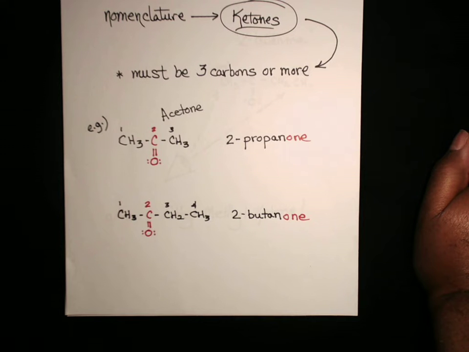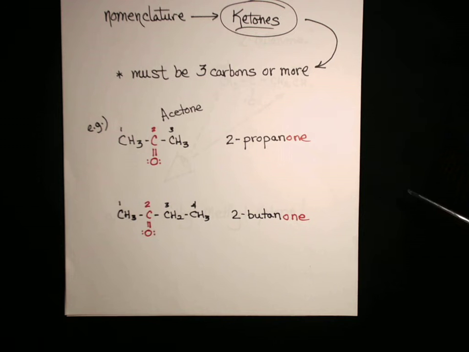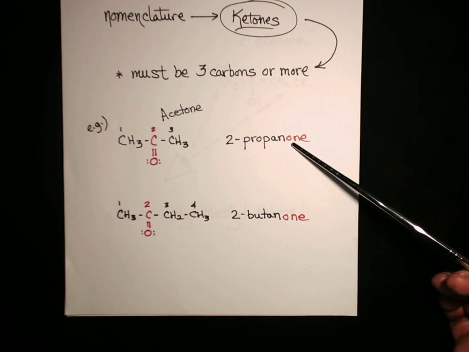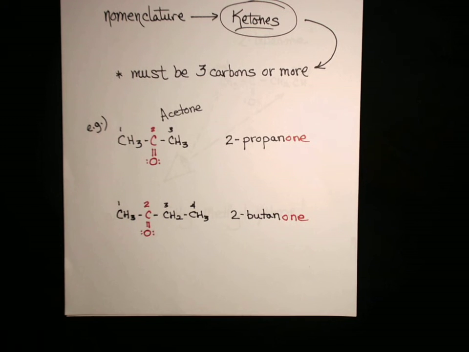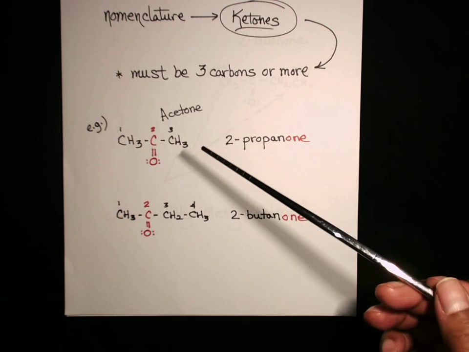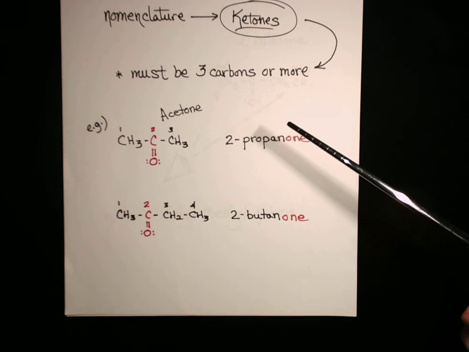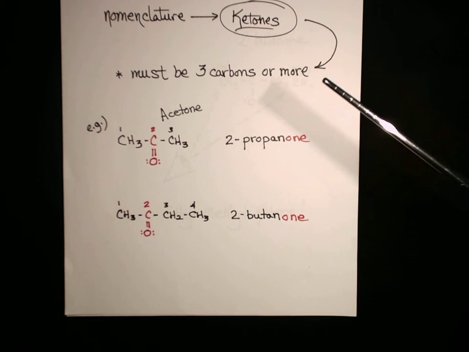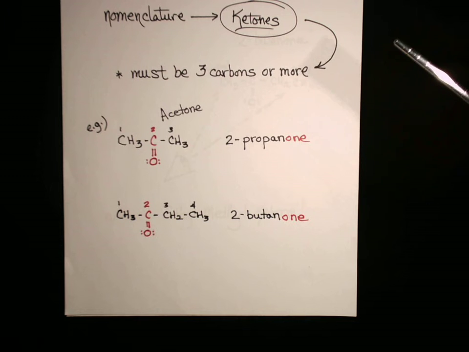Well, as with the aldehydes, we're going to chop off that final E from the alkane, and replace it with a suffix. In this case, the suffix is O-N-E, or one. So I've got 3 carbons. Propane is the parent. But propane is going to become propanone.